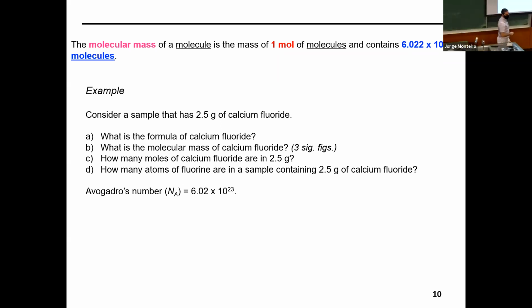Okay, very good. Once you know the conversion factor, you can use either part of the conversion factor, depending on what the problem is asking. Here the information given is the mass, and what we want to know is the number of moles. So the last part and the first part of the conversion factor have the information that we need to solve the problem. Here we always end up with a proportion.